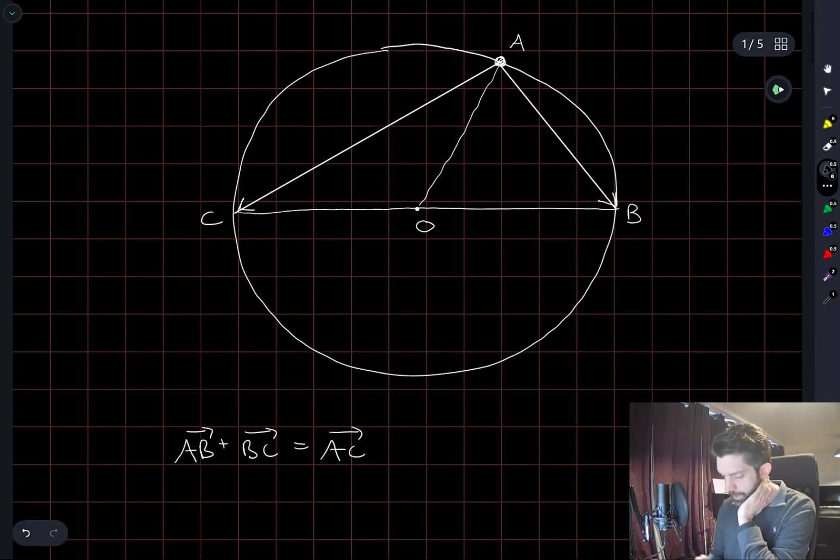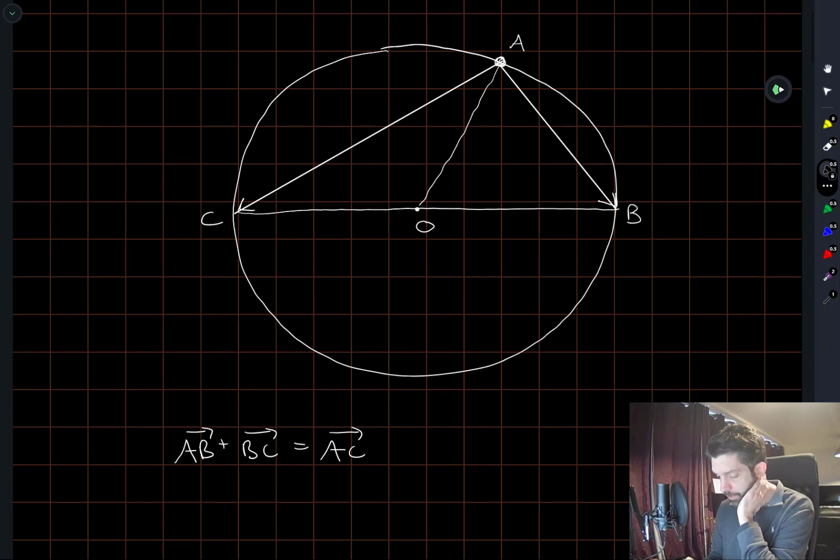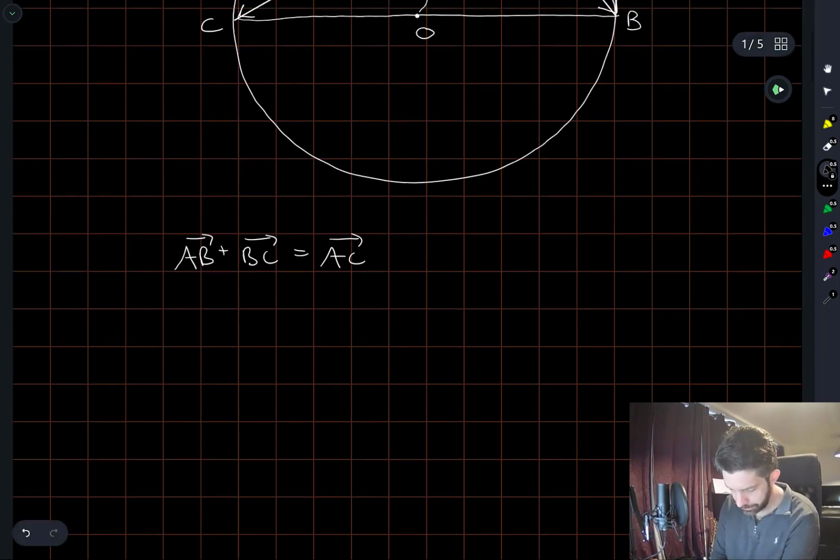Because if I do this, I have the vector BO is equal to the vector OC as vectors, and that BC is equal to 2BO. So AB plus 2BO is equal to AC.